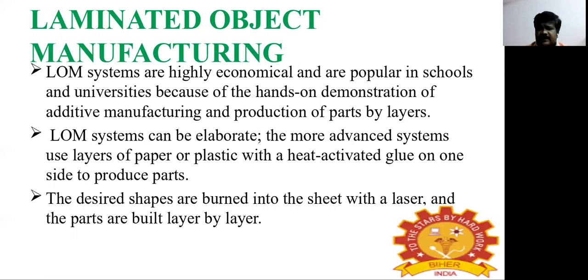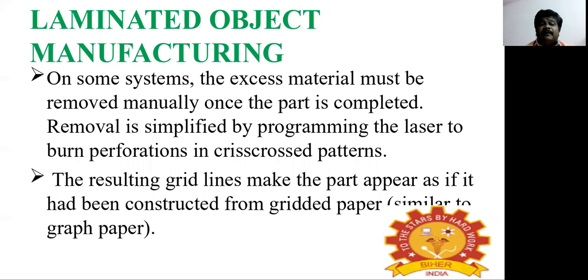With the help of the laser, the parts will be built layer by layer. In some systems, the excess material has to be removed manually once our part is completed. So removal also we can simplify. How? By programming the laser.